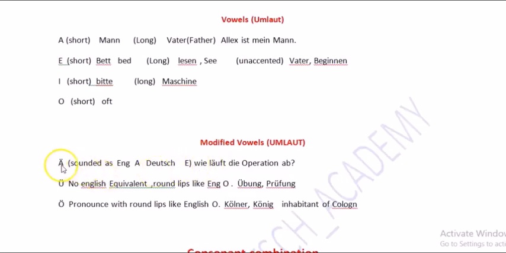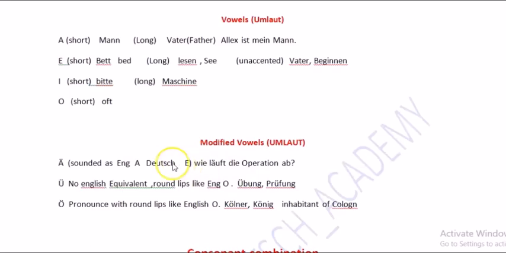For example, A umlaut is sounded like English A, and in German, Ä. The example is: Wie läuft die Operation ab? How is the operation performed? Here we pronounce it läuft.